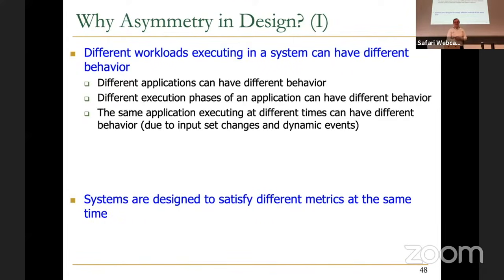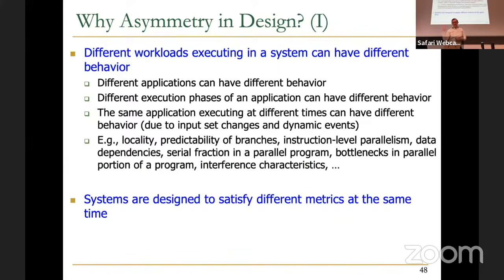The same application executing at different times can have different behavior due to input set changes or dynamic events that the application sources, right? There are many examples of this, like locality, predictability of branches, instruction-level parallelism, data dependencies. Again, I'm not going to talk about this, but we're going to cover serial fraction and parallel fractions today. Interference characteristics that we may have seen.